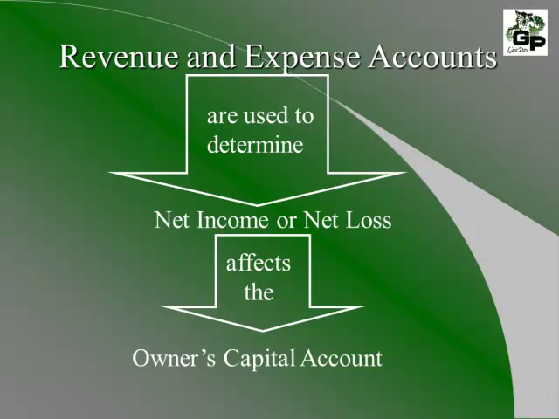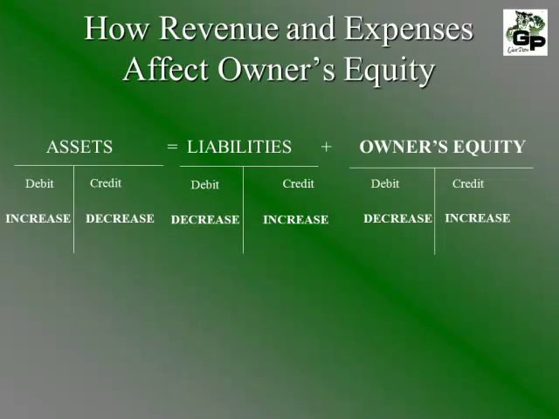Revenue and expense accounts are used to determine net income or net loss, and the net income or the net loss affects the capital account, and now we're going to find out how exactly. Revenue and expenses affect the owner's equity by either increasing it or decreasing it.